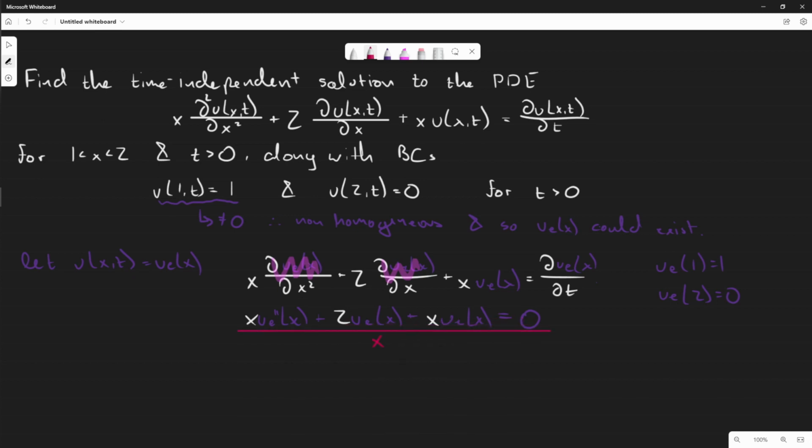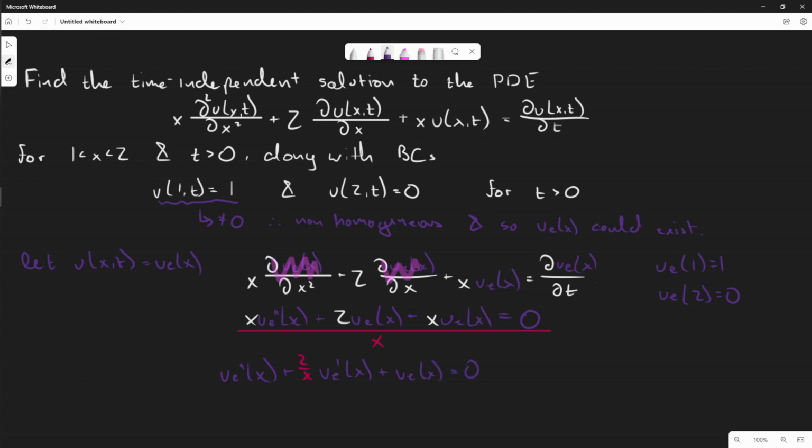So we can divide everything by x, and so now we get u_E double prime of x plus 2 over x, I guess I'll just do this one in the red color, 2 over x times u_E prime of x plus x over x is just 1, times u_E of x is equal to 0.